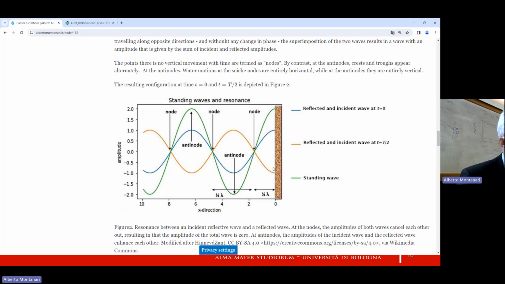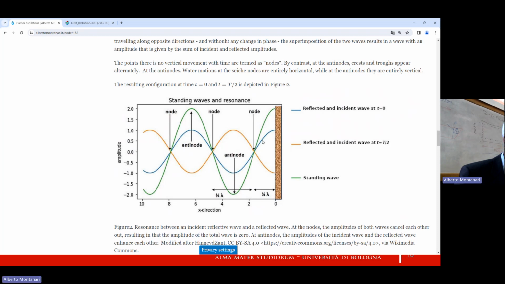Let's try to see here what happens. Here you have the reflected and incident wave at t equals 0 in blue. So this is the incident wave, which then comes back with the same shape, and the composition is the green one.